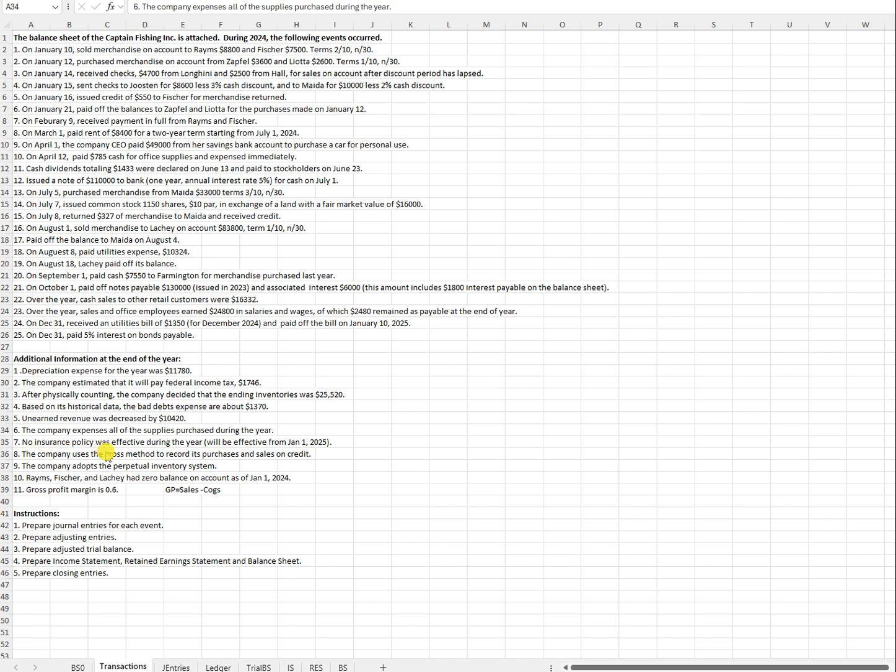No insurance policy was effective during the year. So all the prepaid insurance will remain as prepaid insurance. There's no more insurance expense. Okay, the company uses the gross method to record purchases and sales. We already did that. The company adopts a perpetual inventory system.